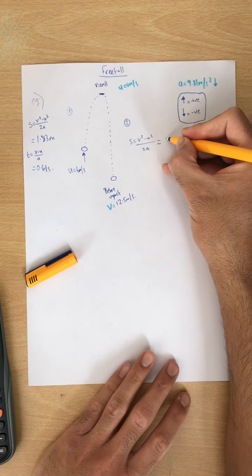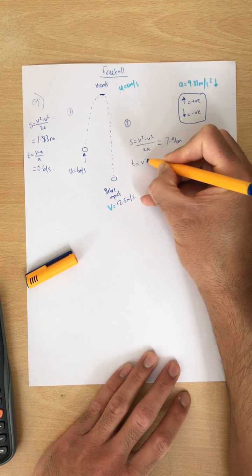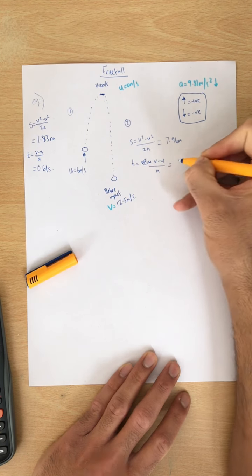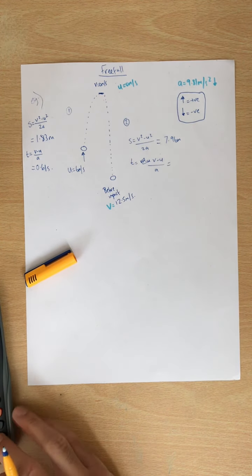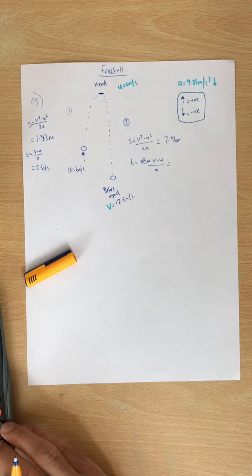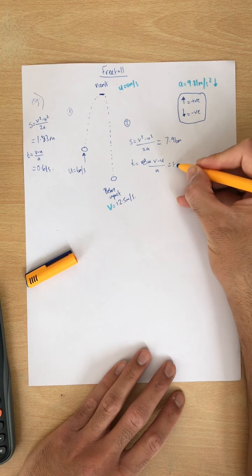So s in this case is 7.96 meters, and t is v minus u all over a. So v is minus 12.5 minus 0, divided by minus 9.81 coming down. Therefore t is 1.27 seconds.